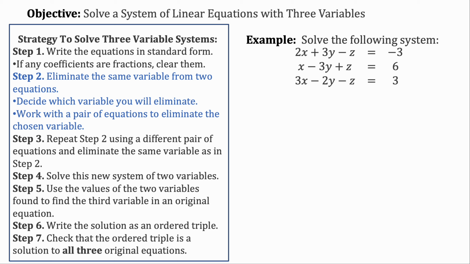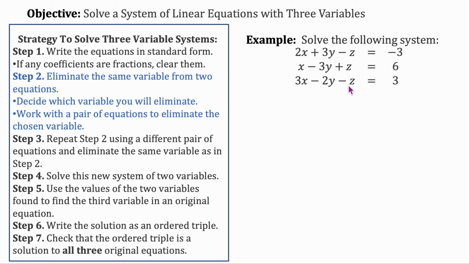Now, step 2 says to eliminate the same variable from 2 equations. Decide which variable you will eliminate and work with a pair of equations to eliminate the chosen variable. In this particular one, the y's are good. We have this simple x here, and these y's matching. But I think the simplest variables in this particular system are the z's.